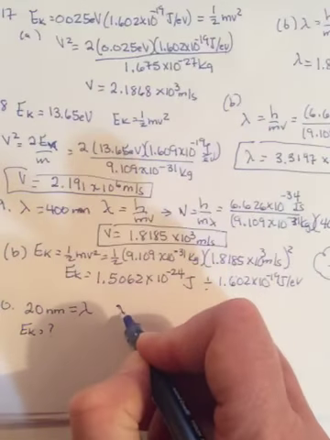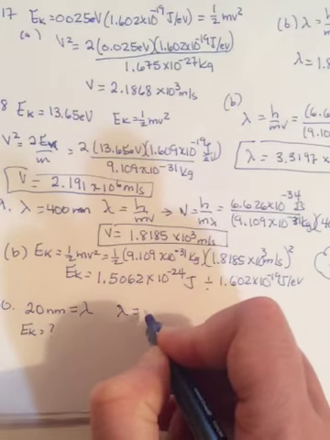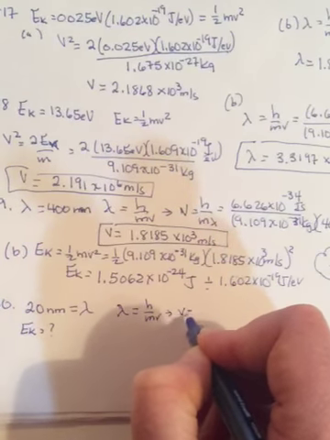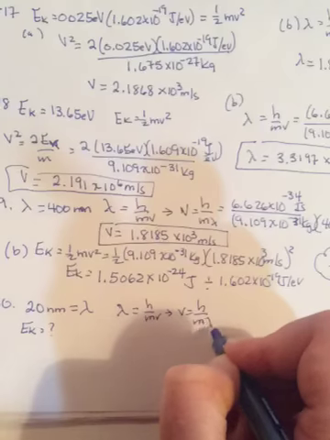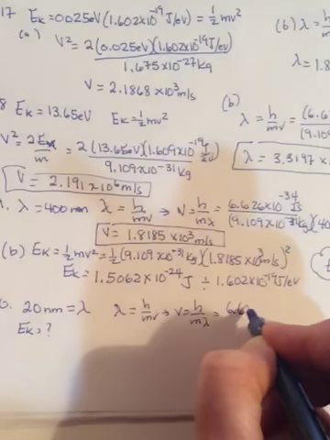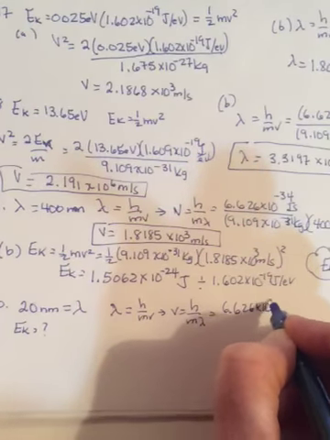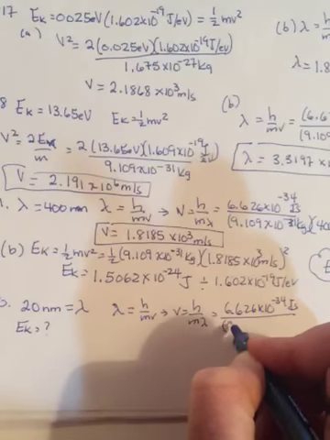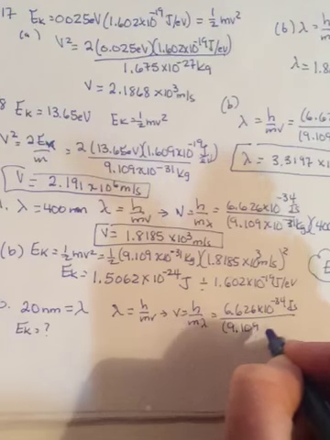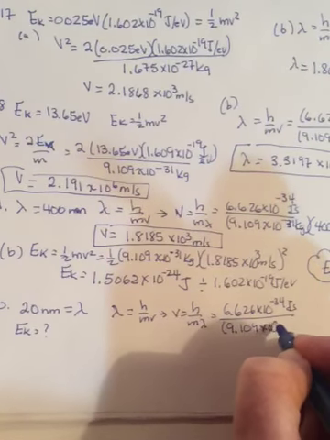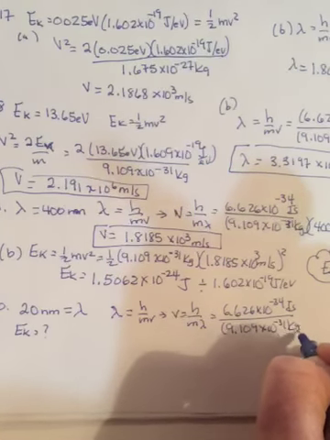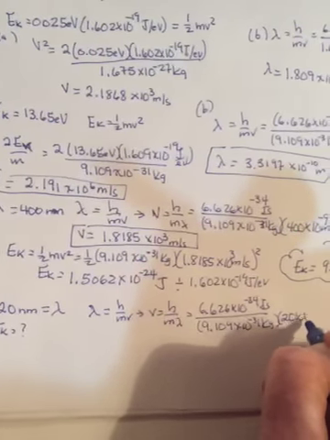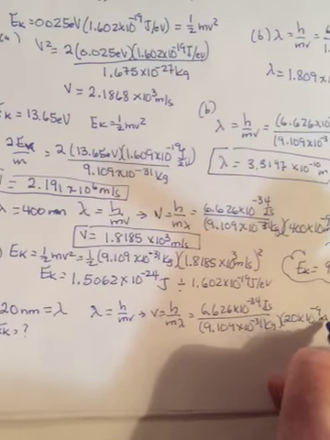So first step, find V. Lambda equals h over mv, so V equals h over m lambda. 6.626 to the negative 34 joule seconds, divided, still an electron, 9.109 to the negative 31 kilograms, and 20 to the negative 9 meters.